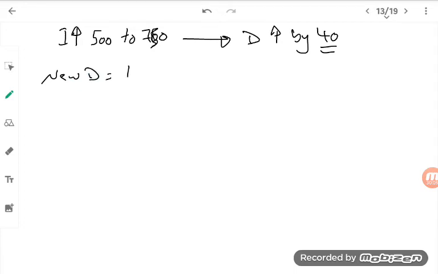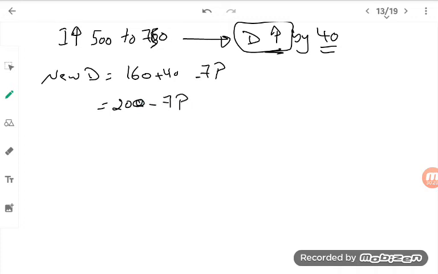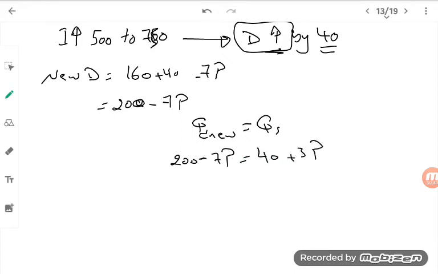New demand is the old demand function plus or minus the change. As demand is going to increase, it's plus 40. So the new demand function is 200 minus 7P. Now we are going to get the equilibrium. Equilibrium will be achieved when QD new equals QS. 200 minus 7P equals 40 plus 3P.